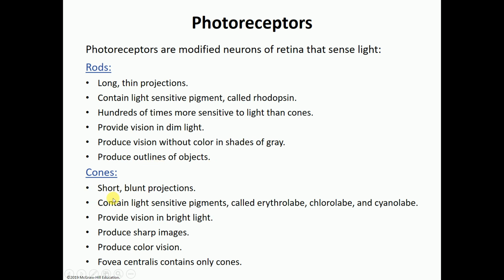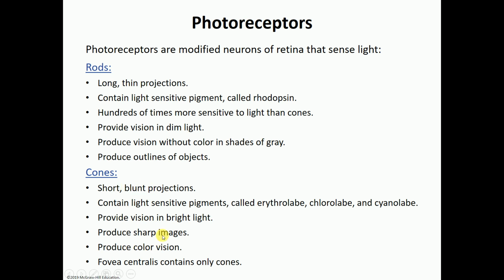The cones, on the other hand, are cone shaped. They have different kinds of pigments. So erythrolabe or erythropigment detects reds, chlorolabe will detect greens, and cyanolabe will detect blues. Those, again, are less sensitive than rods.